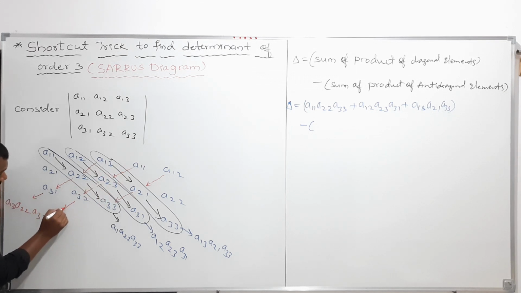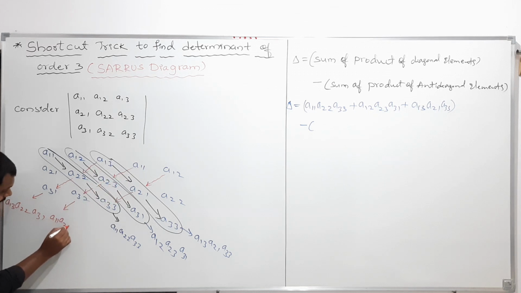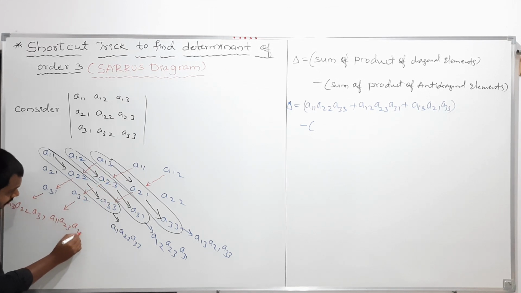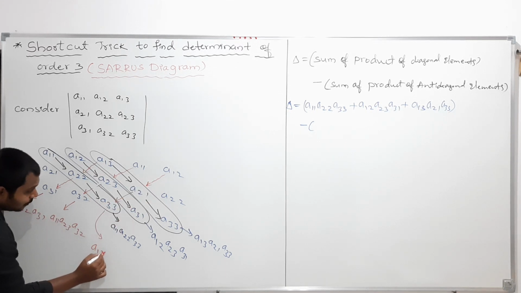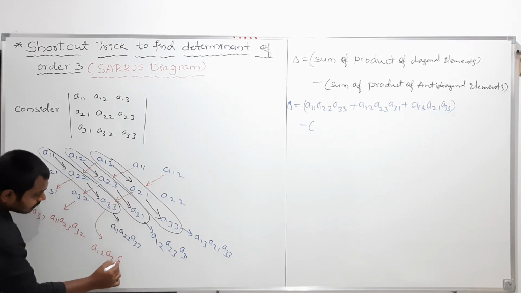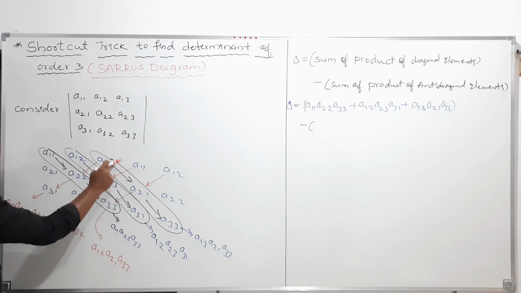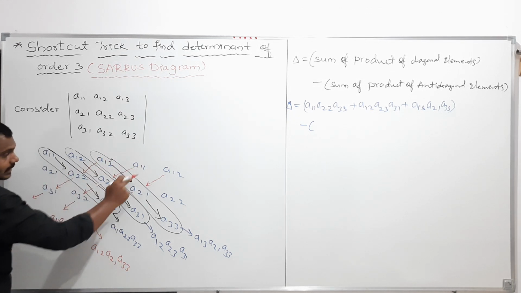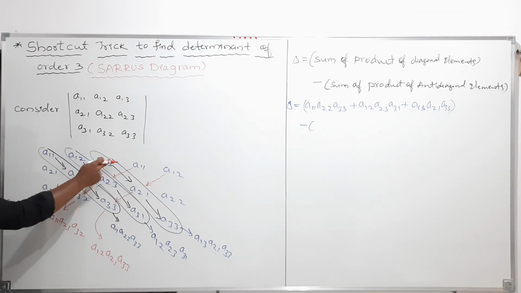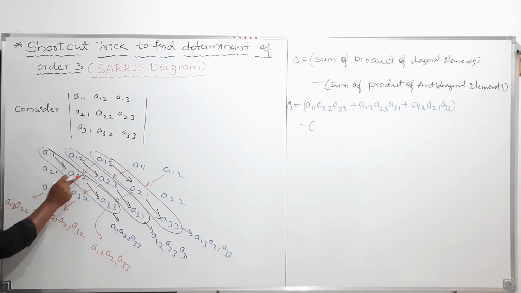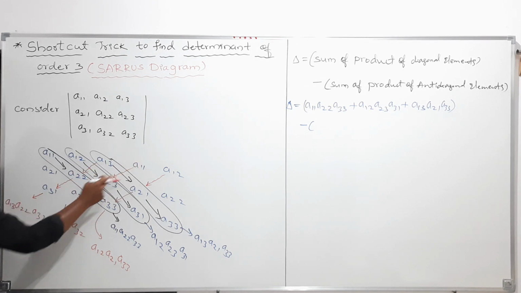And next, a11 a23 a32. And here it is a12 a21 a33. So we take the product here: a13 a22 a31. Clear?